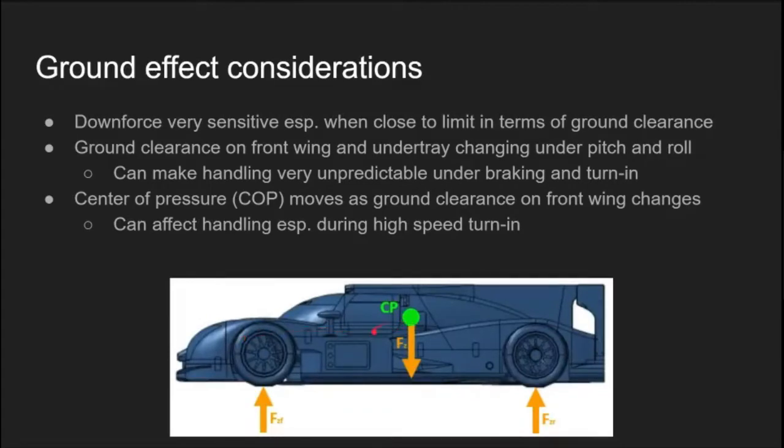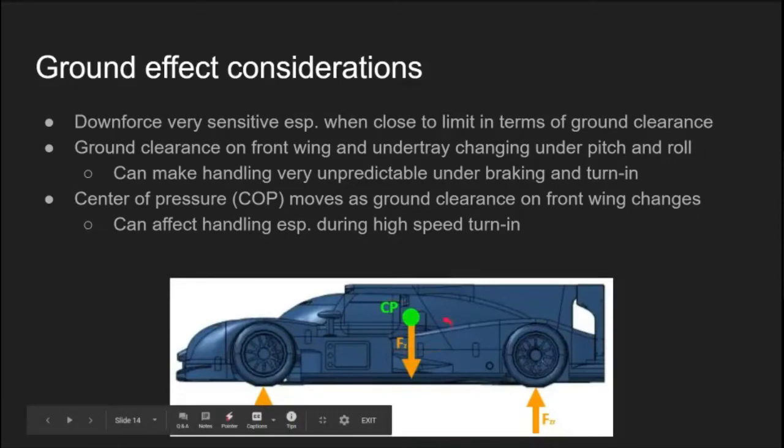That's why it's really important to balance the center of pressure, so that you can have a neutral handling car, or have it as close to the center of gravity as possible. Or you can have it slightly forward or back depending on the driver and whether they prefer an understeer or oversteer car. But generally, you want to leave it somewhere around that neutral point.